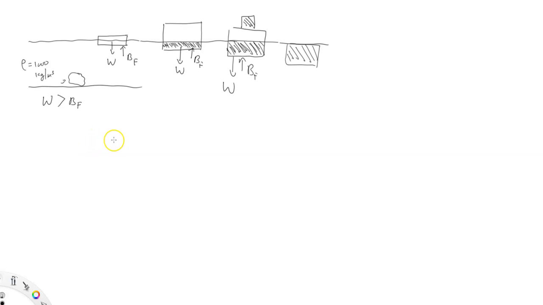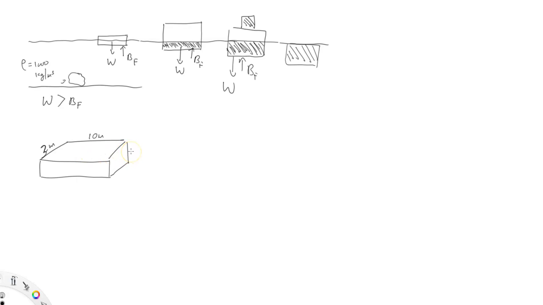Let's say we have a raft, and let's say the dimensions: one side is 10 meters, this side is 2 meters, and this side let's make 3 meters.